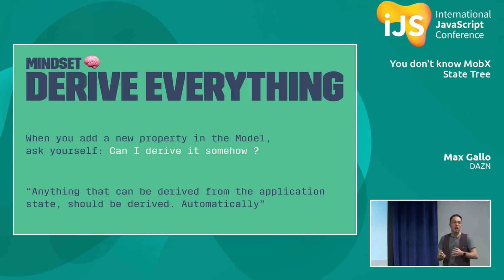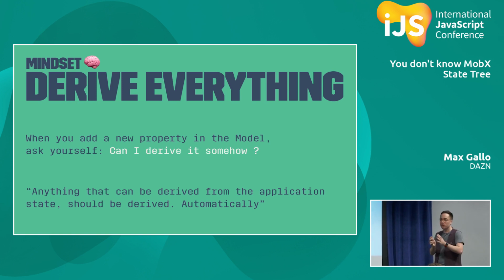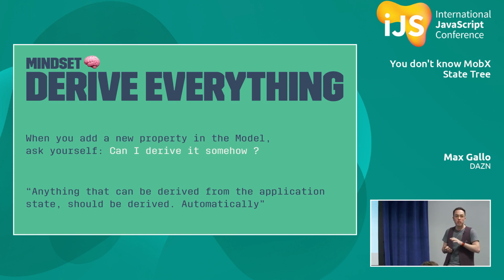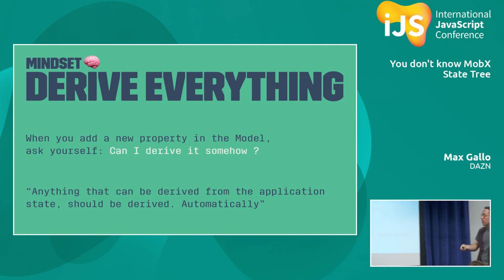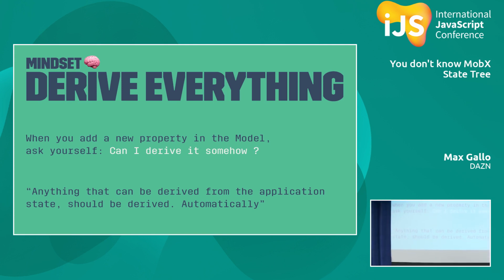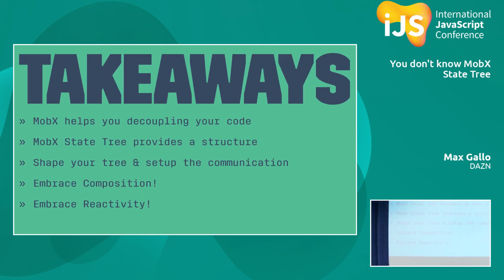Do I actually need it as a piece of information? If you ask yourself the same question a couple of times, you will see that you will have your model really short. You will have multiple computed properties, but computed properties are optimized, are memoized, so you need to rely on them, not on the model. Famous quote about MobX: anything that can be derived from application state should be derived automatically.